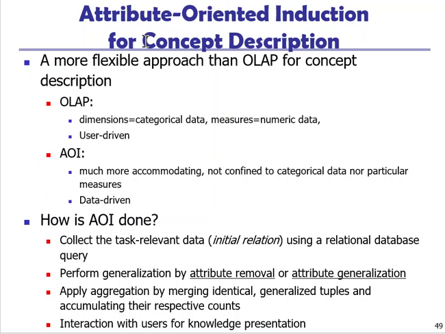So how is AOI done? Generally, you collect task-relevant data, called the initial relation, using a relational database query. So you have a relational database holding the data that's relevant to the concept that you're going to study, for example, graduate student versus undergraduate student.